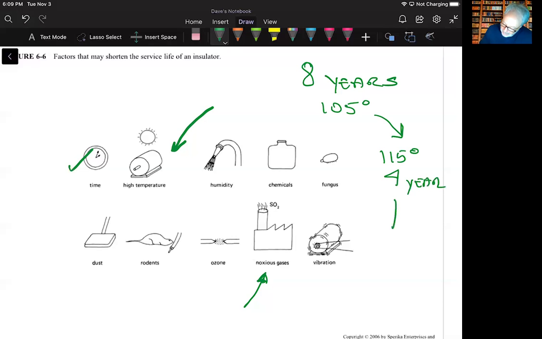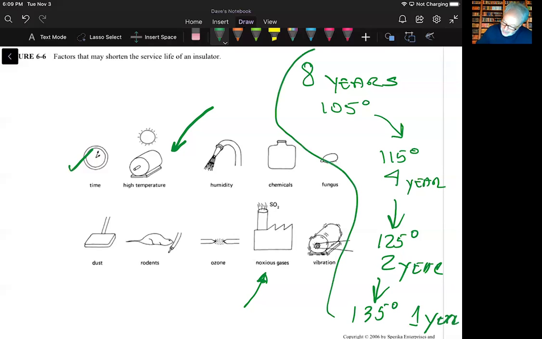And then again, at 125 degrees C, 2 years, and continuing on to 135 degrees C, you're down to 1 year for a machine that should have been able to operate 8 years at a temperature of 105.